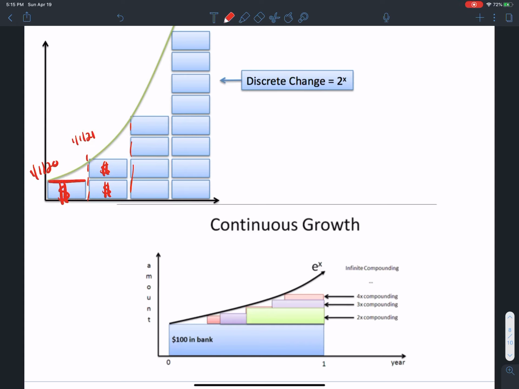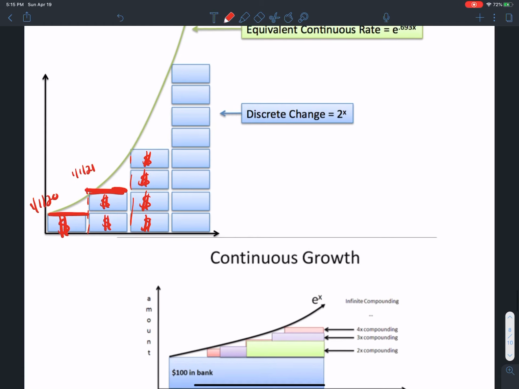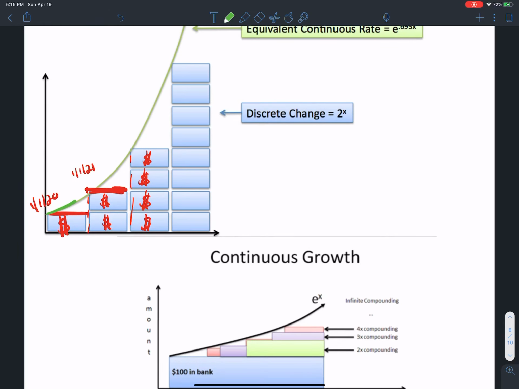It's not like all of 2020 I have this much, and then the instant the clock strikes midnight, my balance goes up, right? What we're saying by that is if my account is doubling every year, it's really growing continuously. It's still changing throughout that entire year, and just at the end of the year it's at that point where I'm doubled. So we're talking about continuous growth. That's our main idea here.